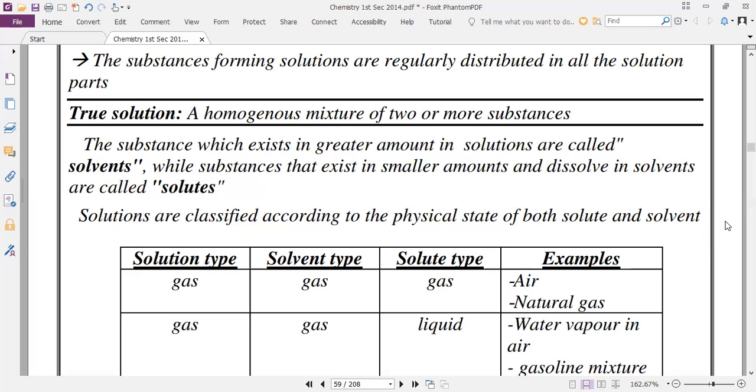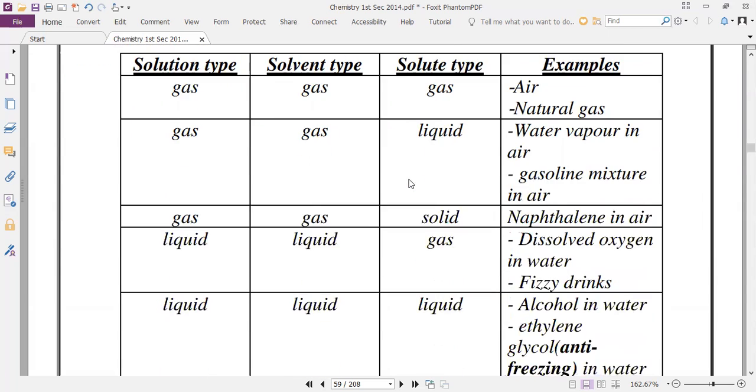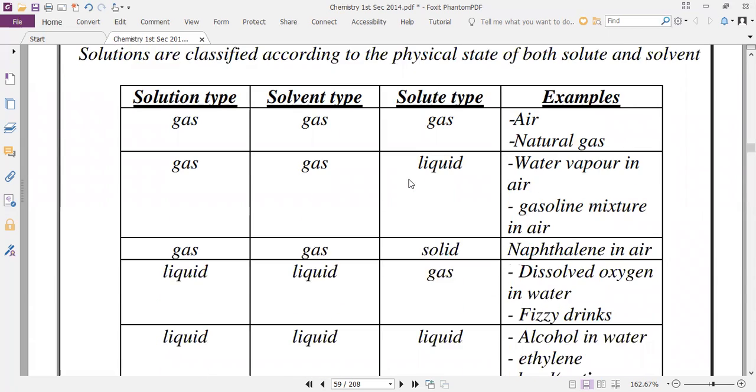Solutions are classified according to the physical state of both solute and solvent into gas solution, liquid solution, and solid solution.